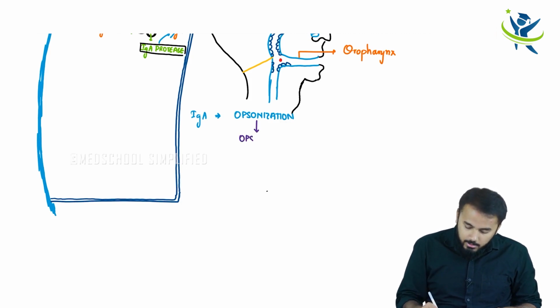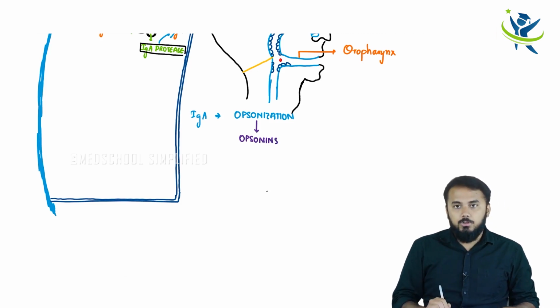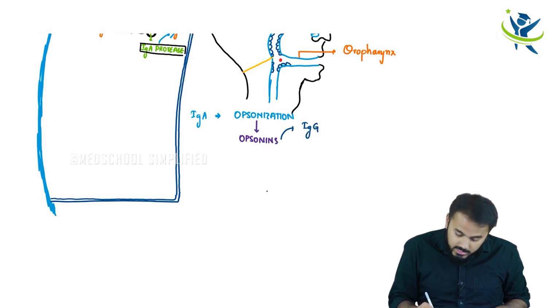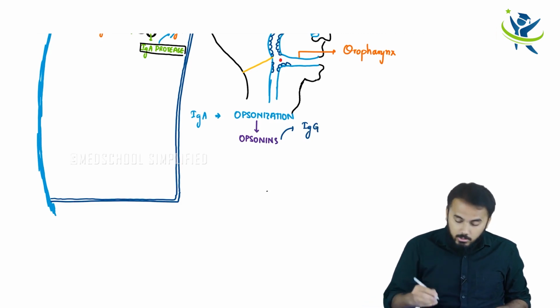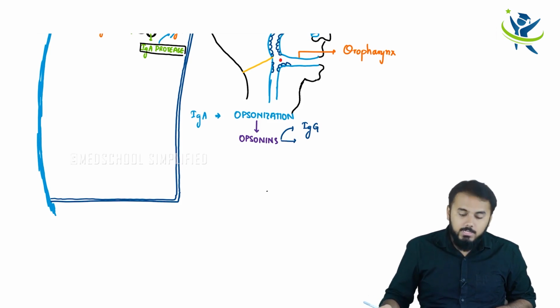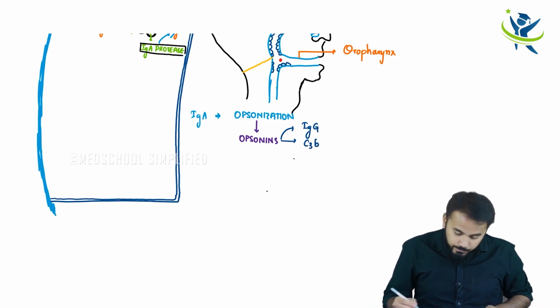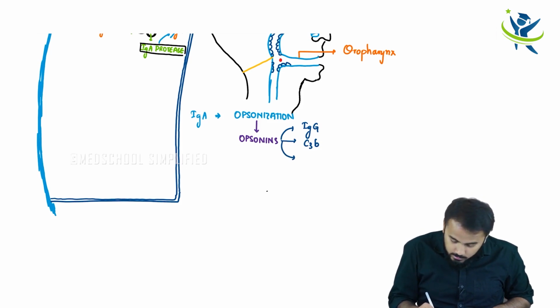For example, opsonins like IgG. IgG is an opsonin. Not only IgG, there is also C3b. C3b is also an opsonin. The next one is mannose binding protein.